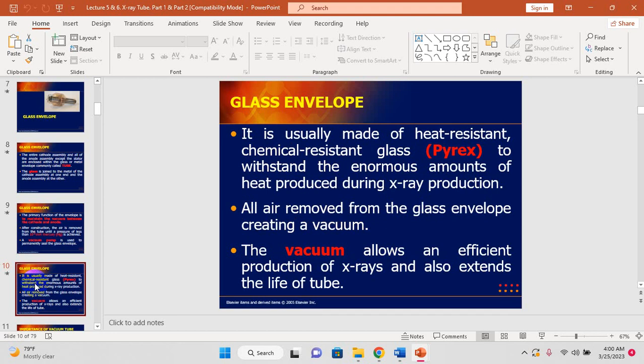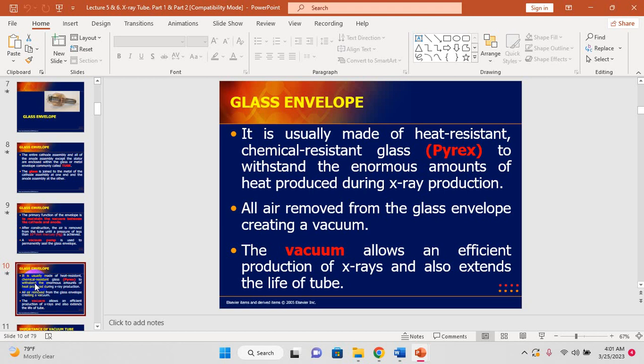I know you are familiar with Pyrex because it is used for cooking. But this Pyrex is a specialized Pyrex glass that is used for the X-ray tube, because it withstands the enormous amount of heat produced during X-ray production, and all air is removed from the glass envelope, creating a vacuum.